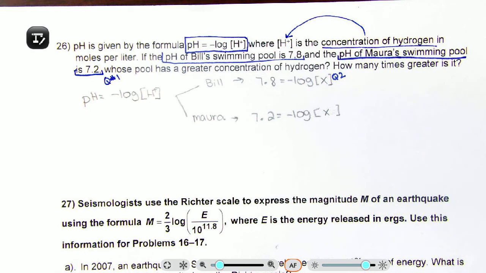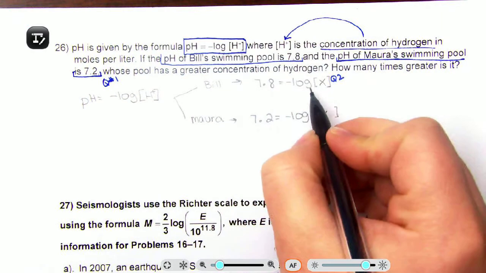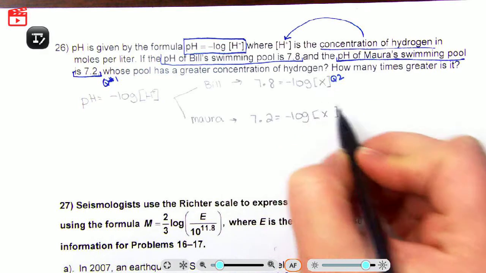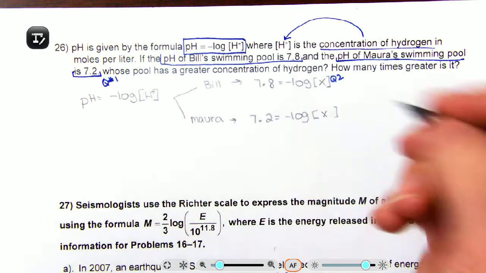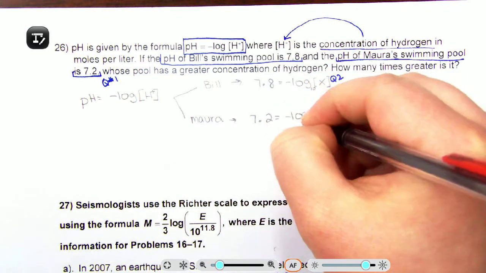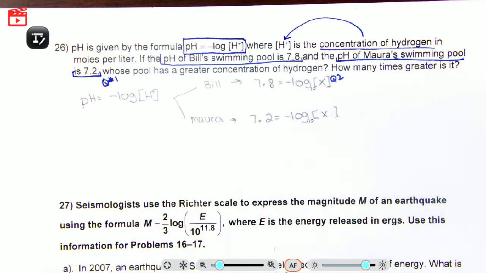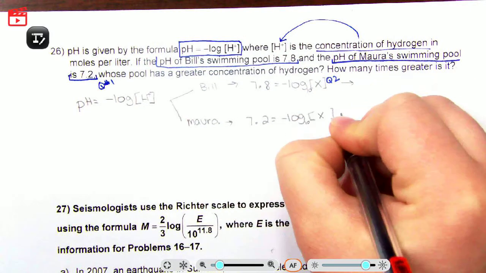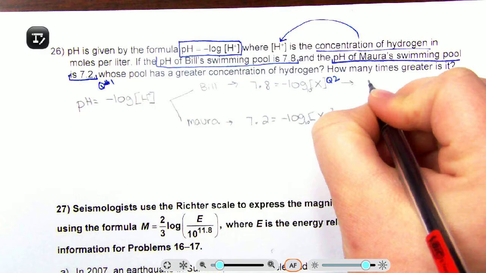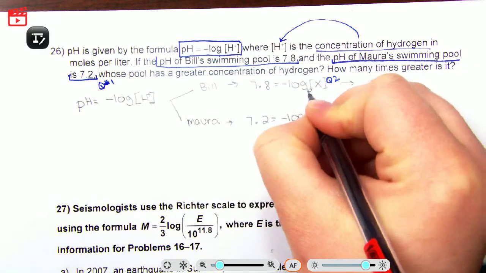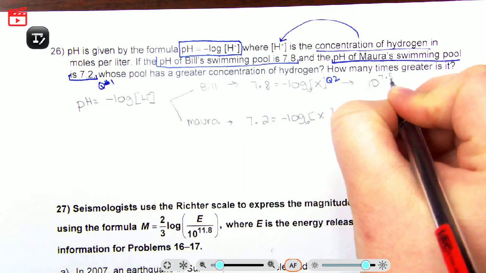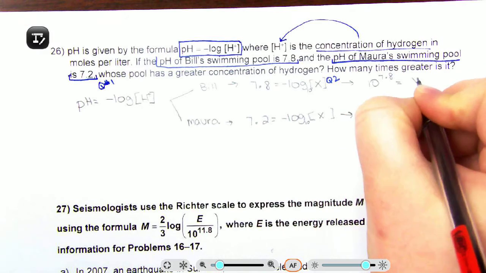Anytime a log doesn't provide a base, that means we have base 10. So I'm going to convert this to exponential form. I have a base of 10.